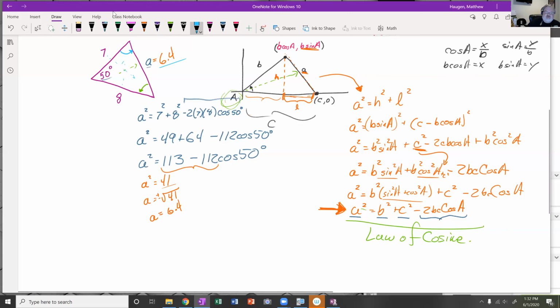But let's say we started with the blue. Then we would say the sine of that blue angle, I'm just going to arbitrarily call it B, over 8, has to be equal to the sine of the 50 degrees in ratio to the 6.4.